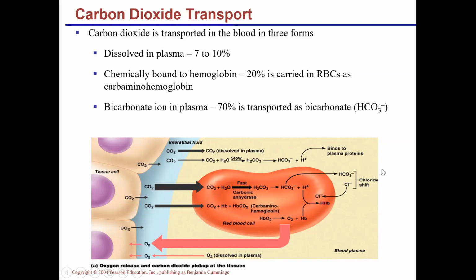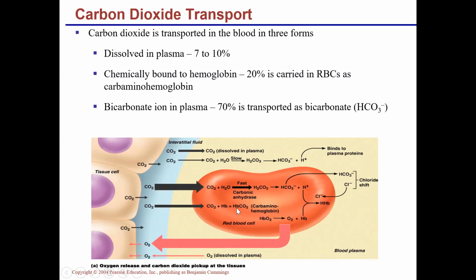blood circulation. Okay, the second arrow right here: CO2 diffuses into blood and then into the RBC, and then combines with the hemoglobin to form carbaminohemoglobin.